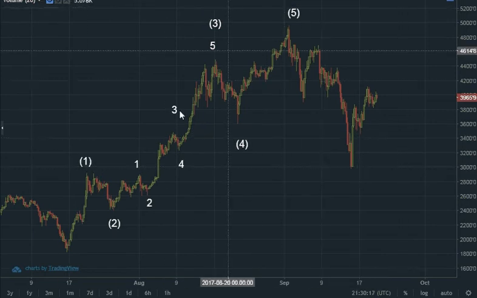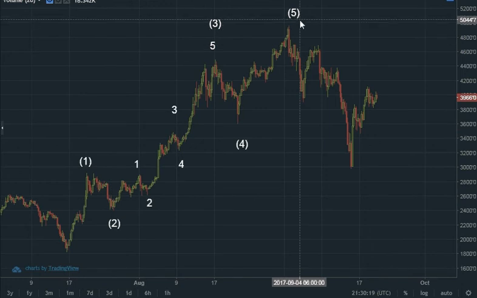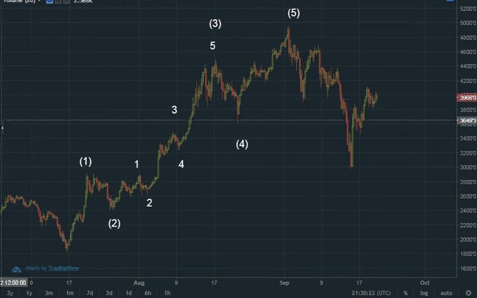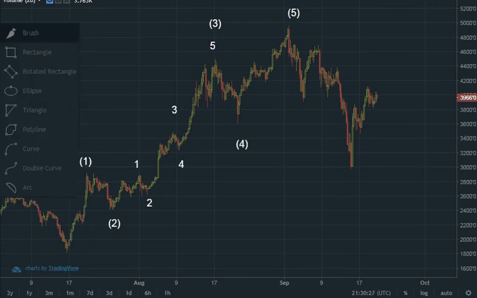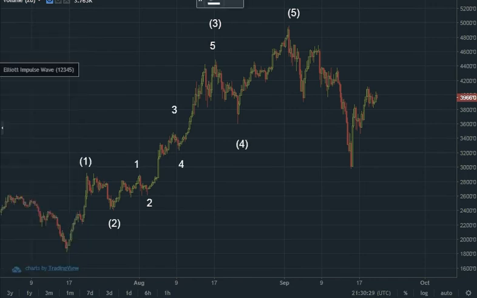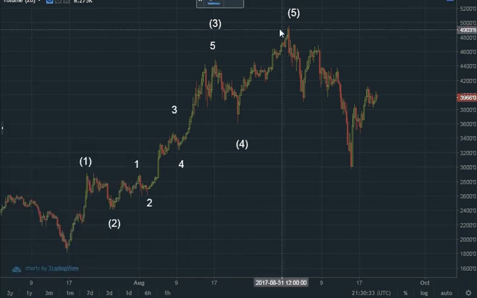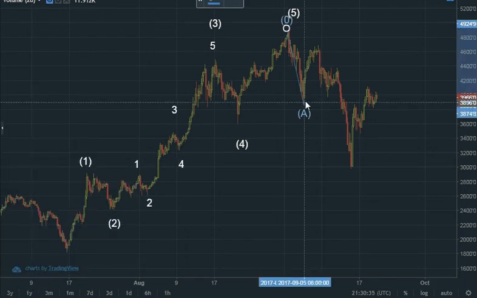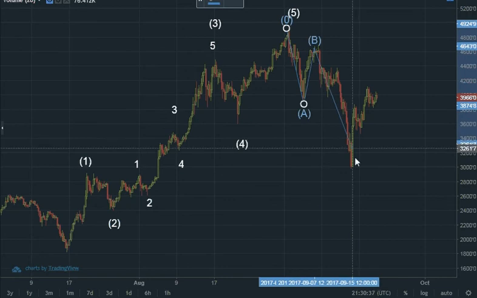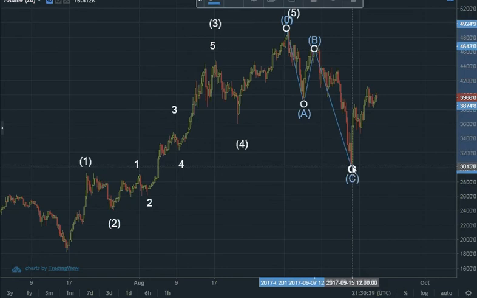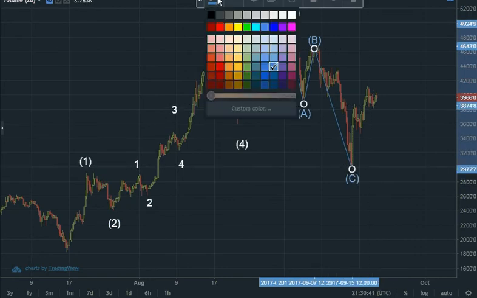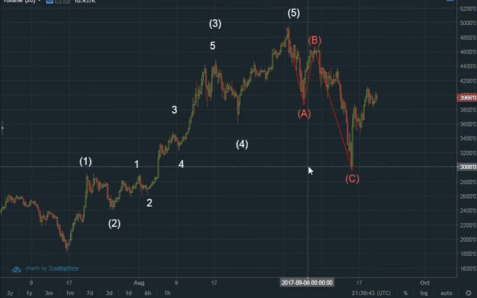Now here's wave, so we have 1, 2, 3, 4, 5. We have been seeing an ABC retrace. A, B, C. Okay?